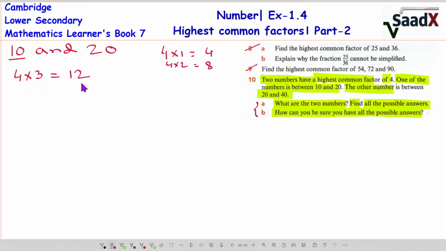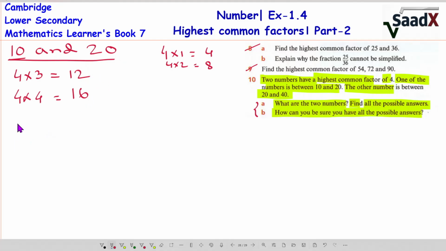So 4 times 3 equals 12 is a multiple of 4. 4 times 4 is 16. So between 10 and 20, the two numbers are 12 and 16.